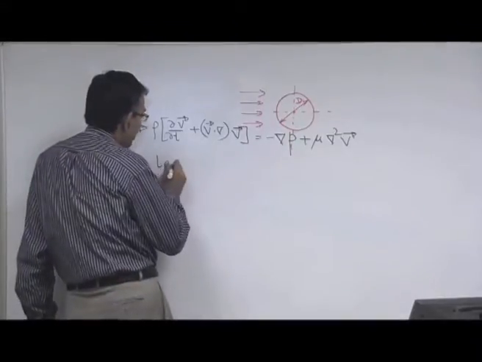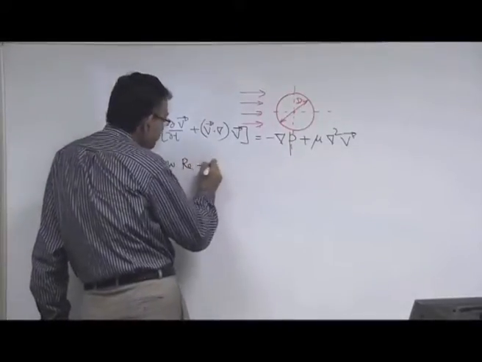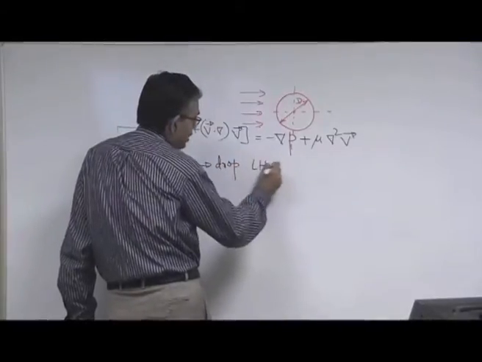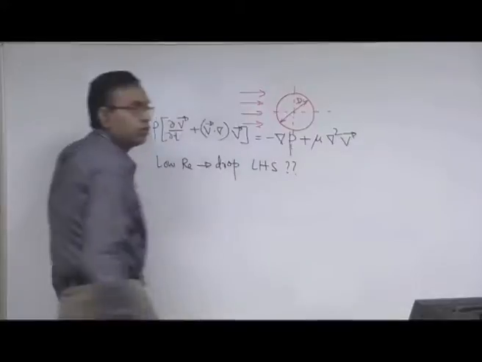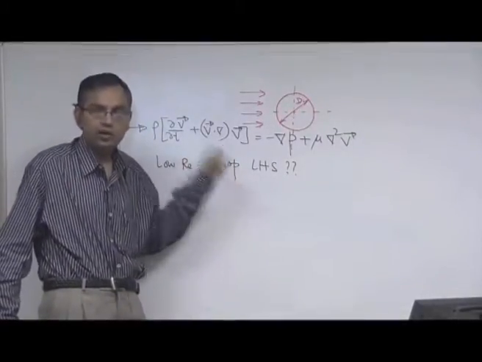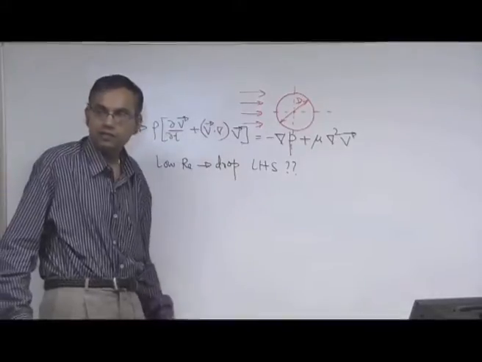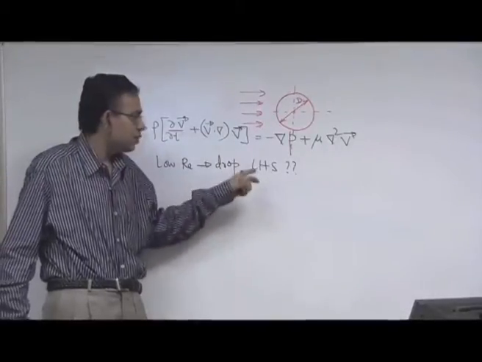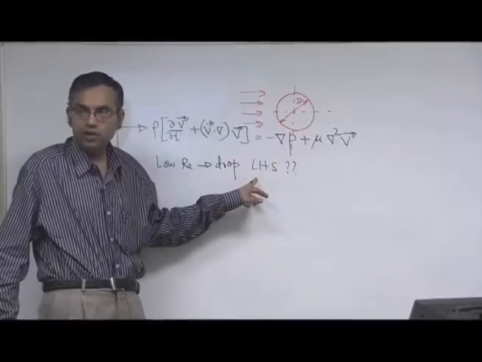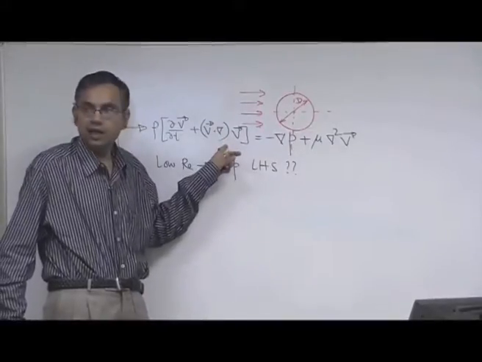Now for low Reynolds number, you can drop the LHS. We will see later on whether the same is justified or not for the case that we are investigating, but for the time being it is intuitive that if it is a low Reynolds number flow, then the left hand side can be dropped.